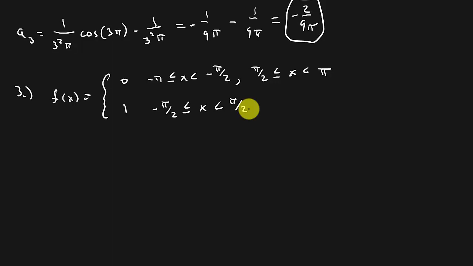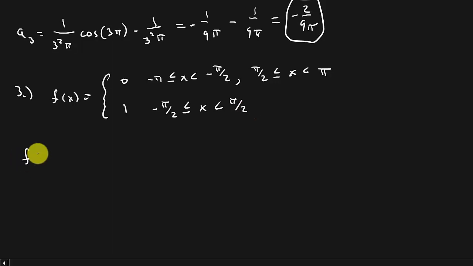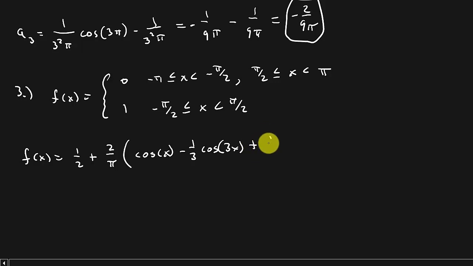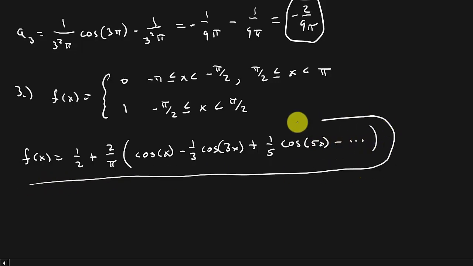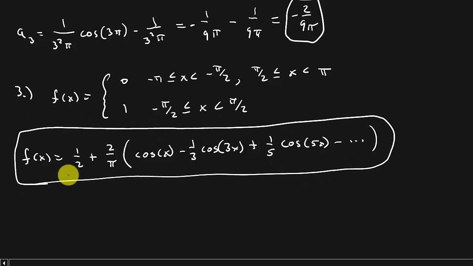Just something here I want to show you. So if we find the Fourier series for this, that's going to be 1/2 plus 2 over pi times cosine x minus 1/3 cosine 3x plus 1/5 cosine 5x minus, okay? That's the Fourier series for that one.